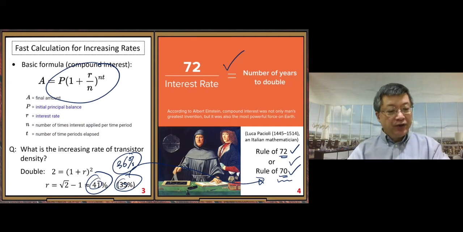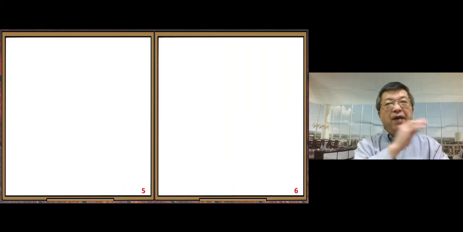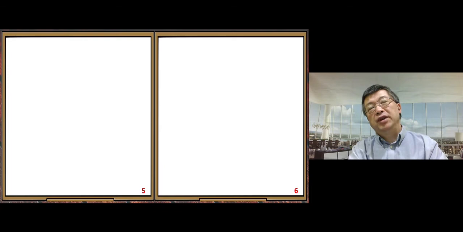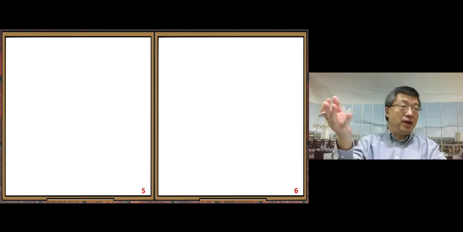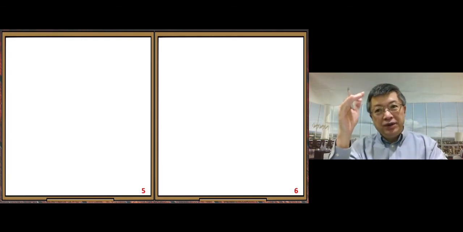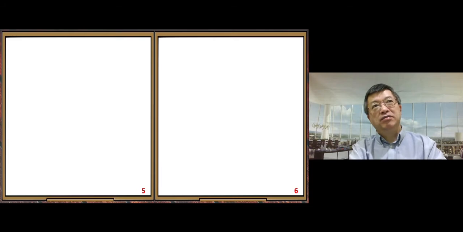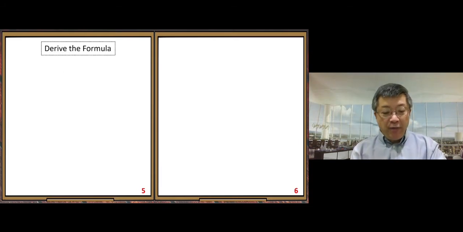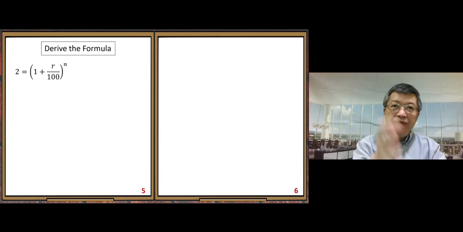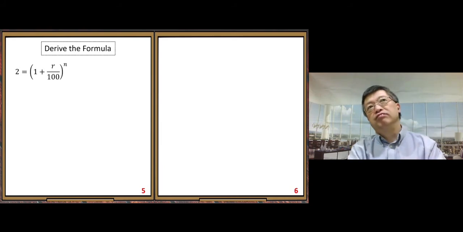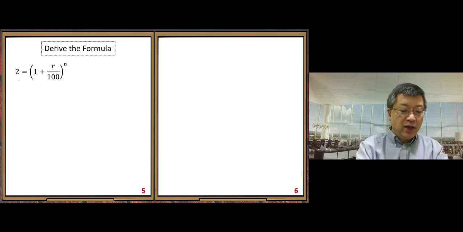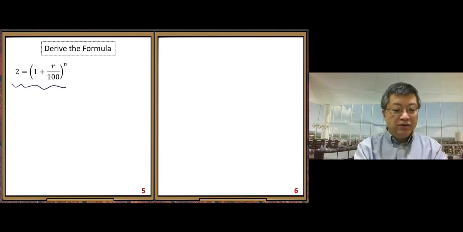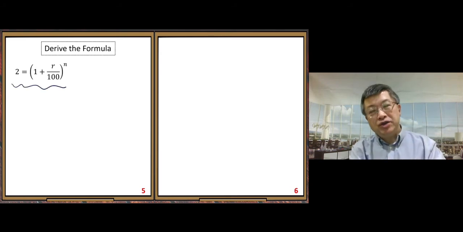Next, I want to talk about how to derive this formula. It's not easy. How do you get that? So here I want to do some calculation to derive that formula. To derive that formula, we start with the original formula. Okay? That's the amount equals the compound interest formula.